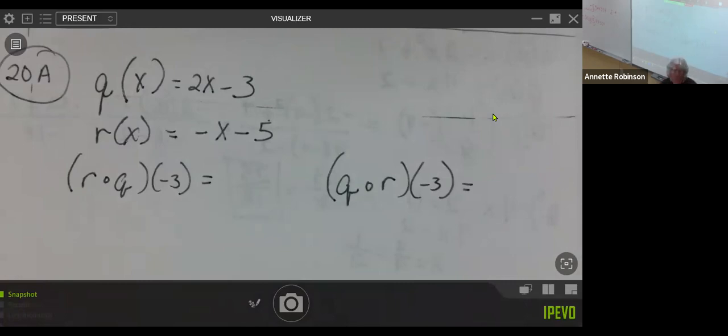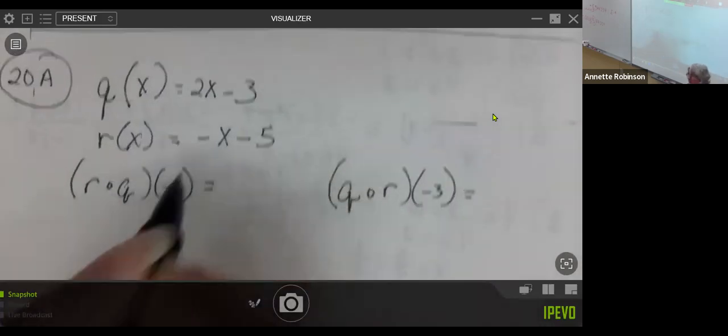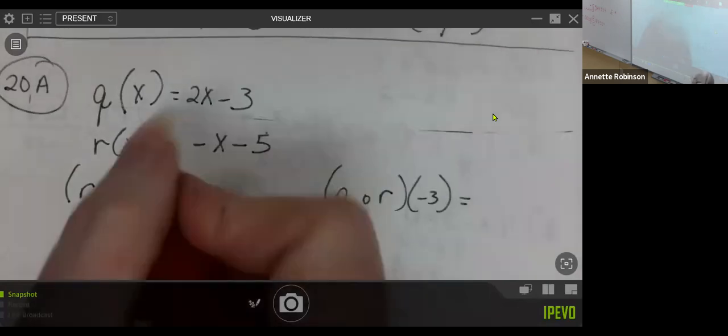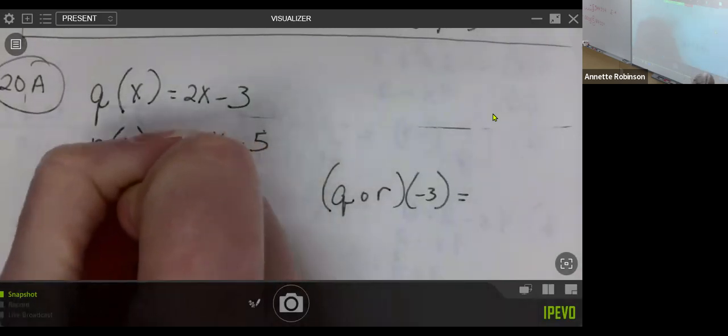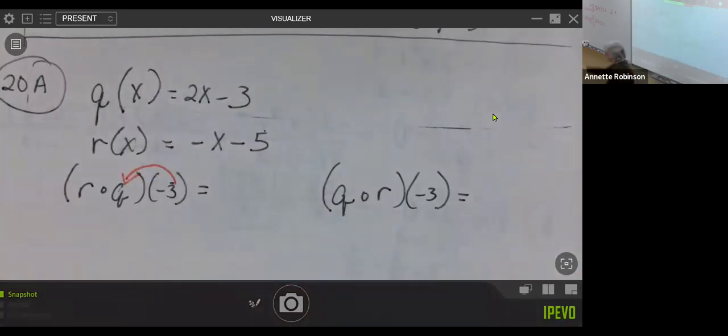Okay. Here's your first step. Take negative 3 and plug it into function q and get me an answer. Here's the number. Don't touch r, just q.